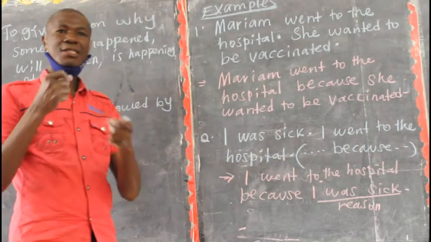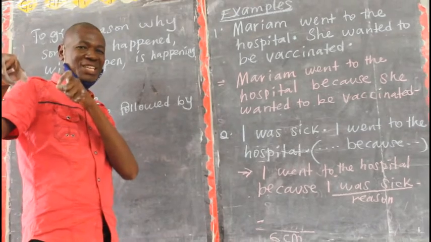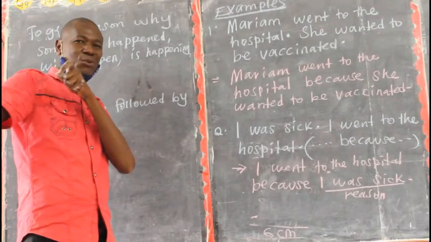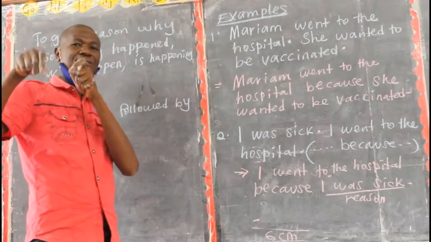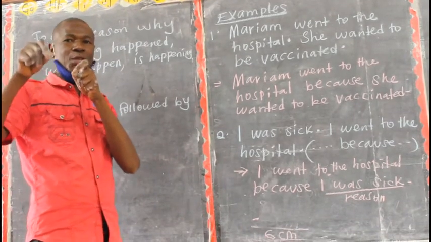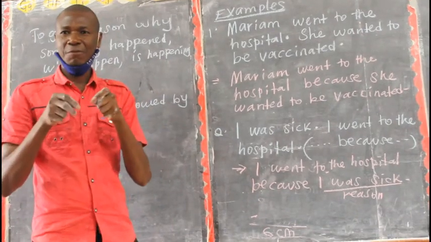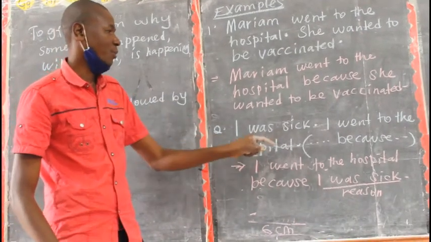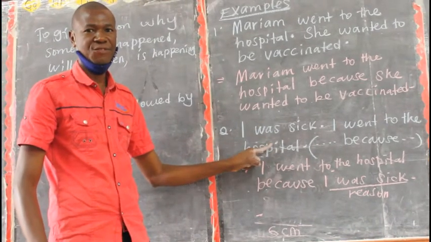So when you are joining sentences using because, make sure that after because, it is the reason now that follows. Begin with the action, then after the action, use because, then after because, bring in the reason. That is how we will bring out the sentence clearly or meaningfully.